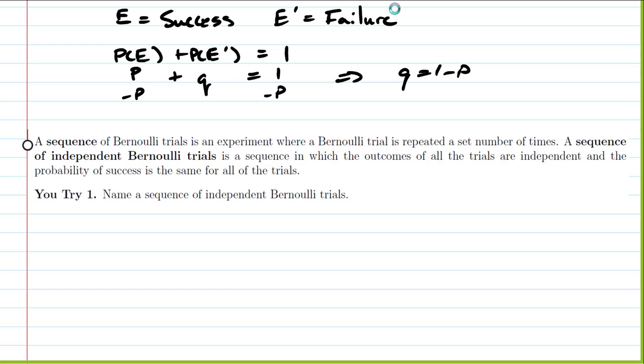All right. So I want you guys to name a sequence of independent Bernoulli trials. So just think of an experiment that would be an independent Bernoulli trial, besides the coin toss, because I already did that one.